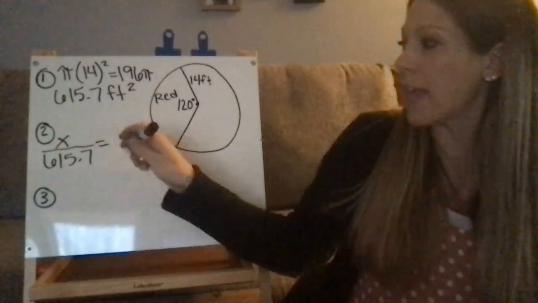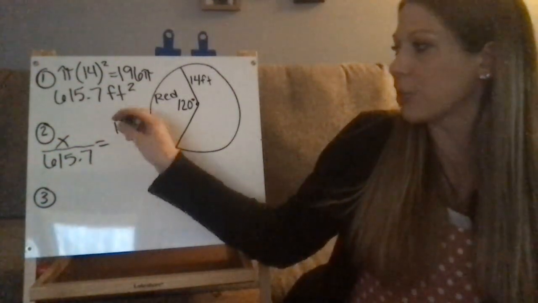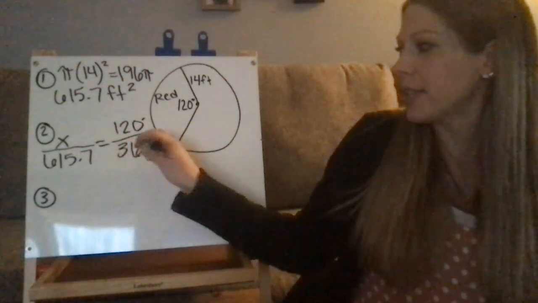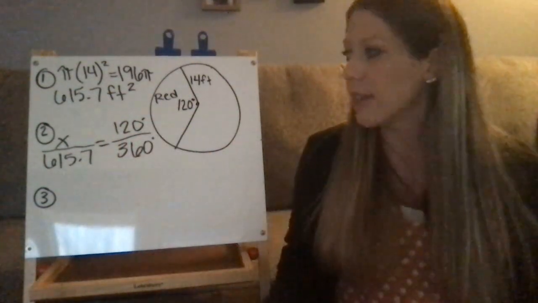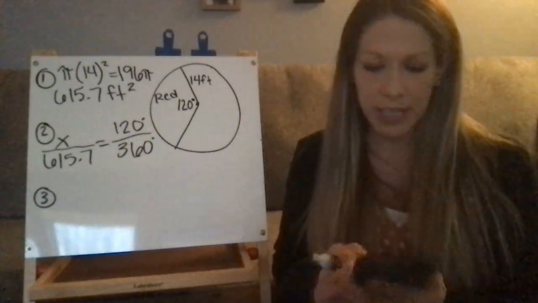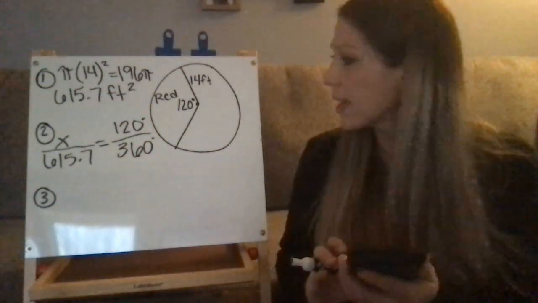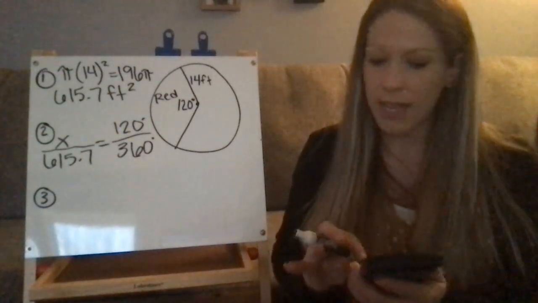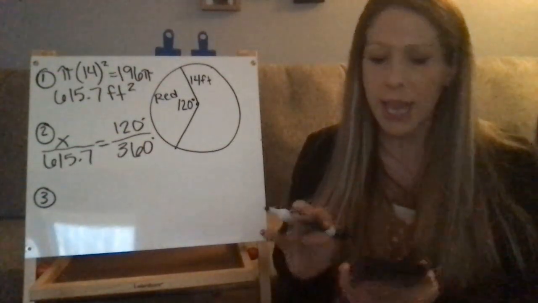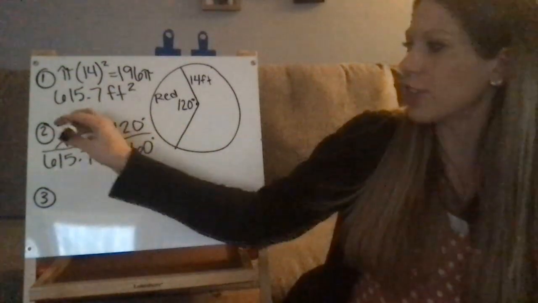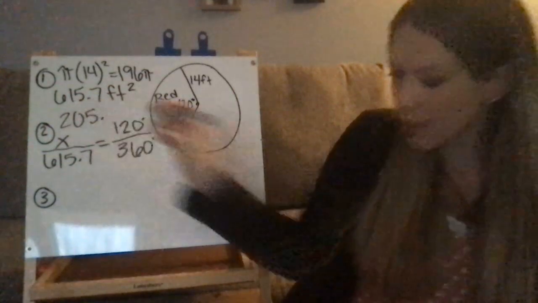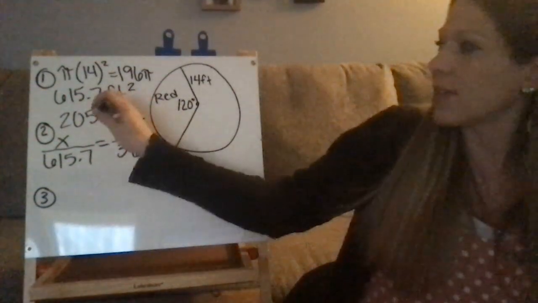We know the measure of the part is 120 degrees, and we know the measure of the whole circle is 360 degrees. And with this proportion, we're just going to cross multiply: 615.7 times 120 divided by 360. We get about 205.2 feet squared.